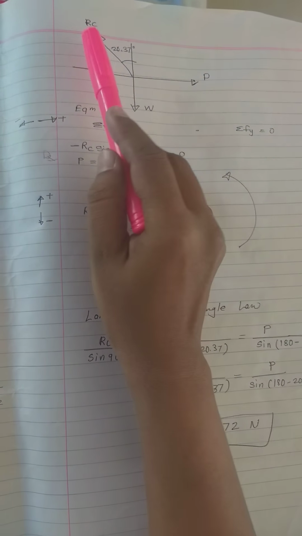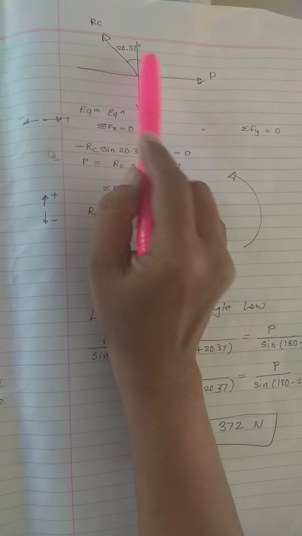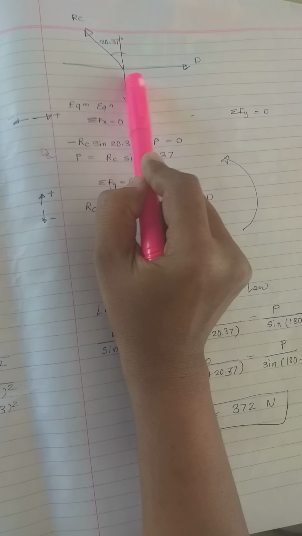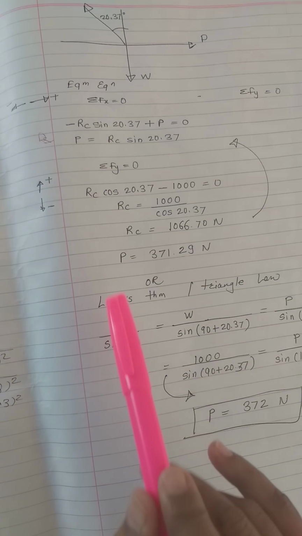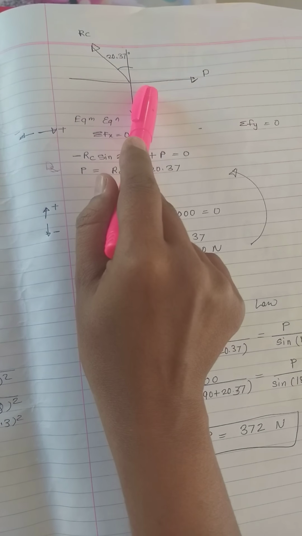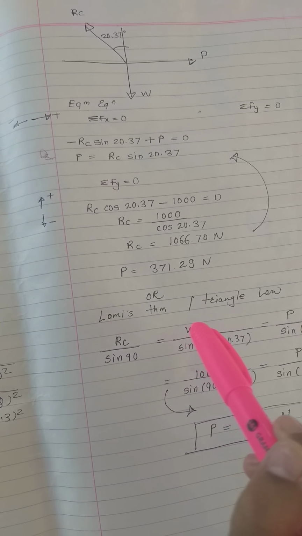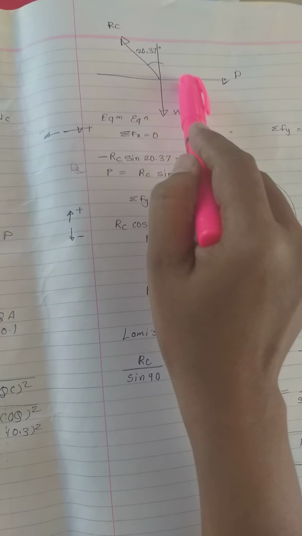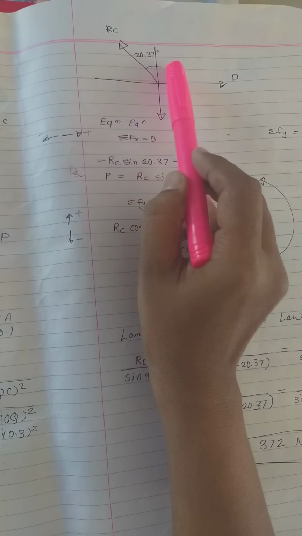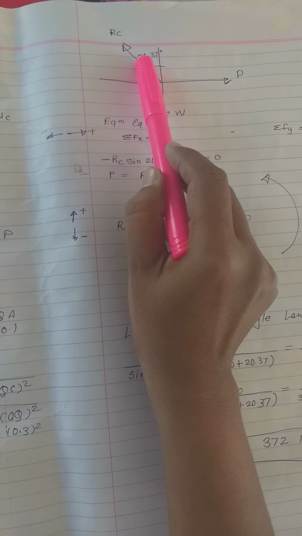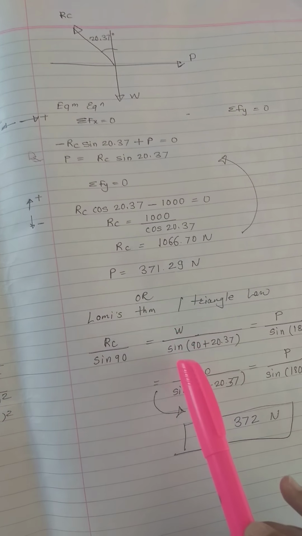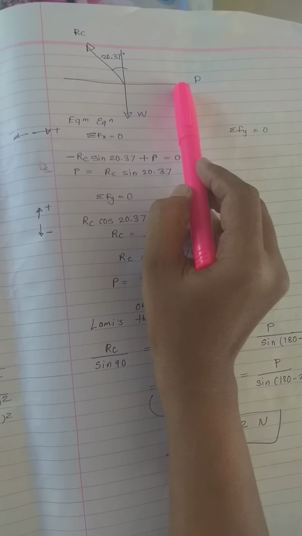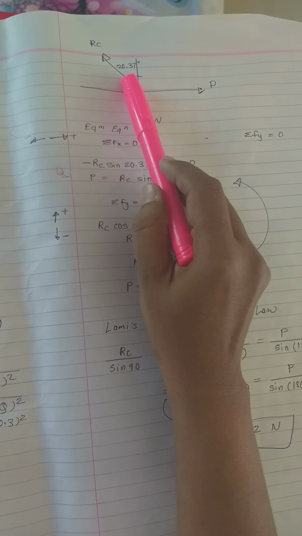That is, the force RC divided by the sine of the opposite angle. The angle opposite RC is 90, so RC divided by sine of 90 equals W divided by sine of its opposite angle. The opposite angle is 90 plus 20.37. So W divided by sine of 90 plus 20.37, then P divided by sine of its opposite angle.